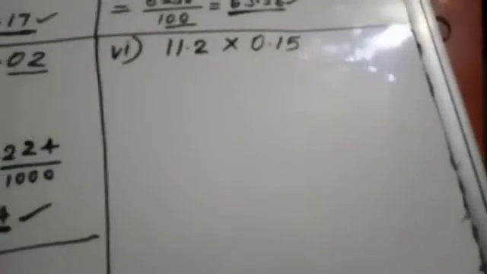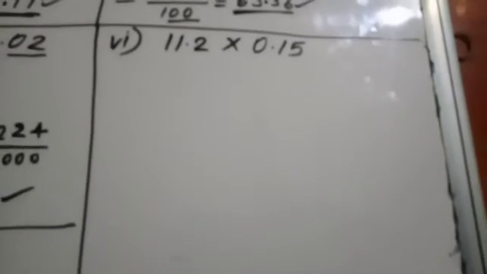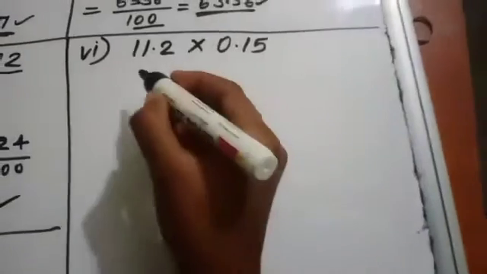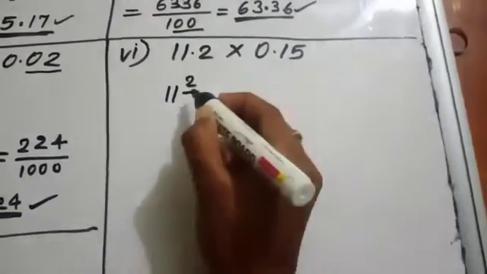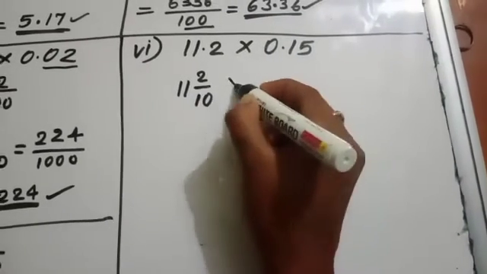Now let us switch to the 6th question, that is 11.2 multiplied by 0.15. As I told you, you have to write in the form of fractions. 11 is the whole number. 2 is in the 10th place.